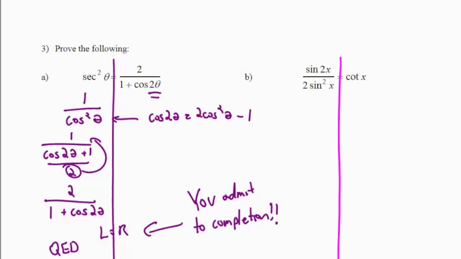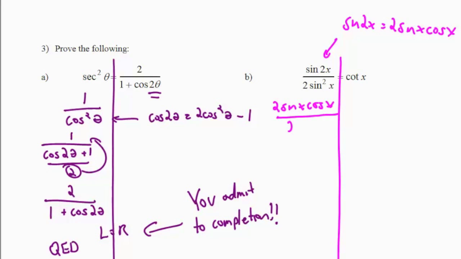Alright, so we got sine 2x divided by 2 sine squared x. Well, there's only one identity to plug in for sine of 2x. Remember that sine of 2x is equal to 2 sine x cos x.